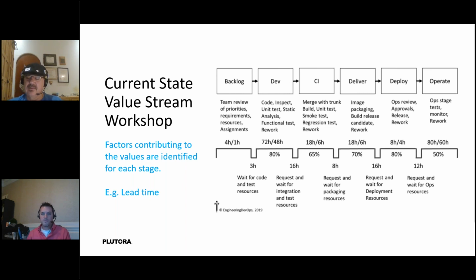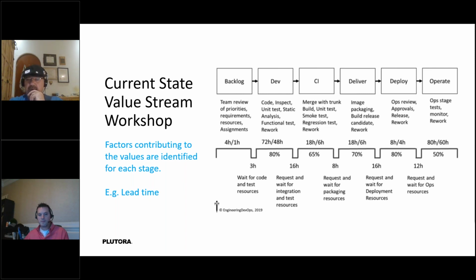So you can look at that and say, whoa, where are the big times being spent? It looks like dev is a big one, and operations is a big one. Maybe that's where you should make improvements. The delays and non-value added times look like between dev and CI you're waiting for resources for testing, and again, between delivery and deployment, waiting for resources for deployment. So these are the sort of things you do.